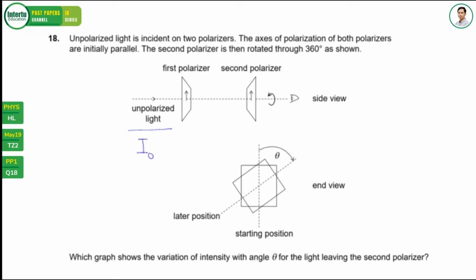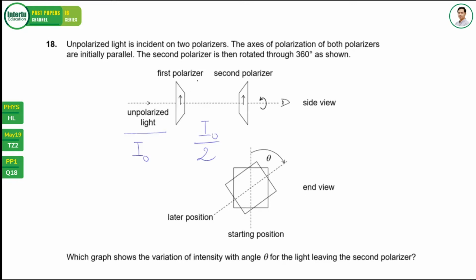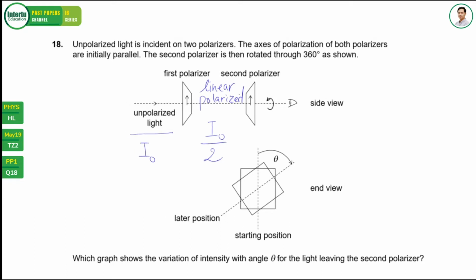After passing the first polarizer, its intensity will decrease to I0 over 2. Always. After passing through the first polarizer, the unpolarized light will become linearly polarized light, which means that now it has only one direction in which the electric field varies, along the polarizer axis.